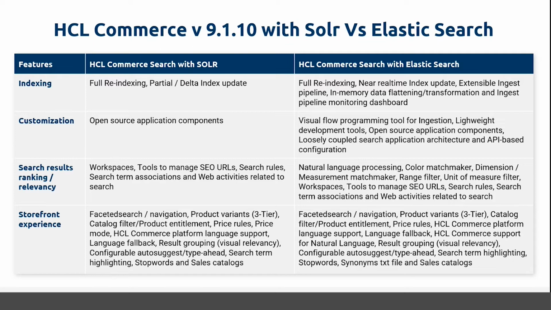With HCL Commerce with Elasticsearch, we get faceted navigation, product variants, catalog filter, product entitlement, price rules, HCL Commerce Platform language support, language fallback, natural language, result grouping, configurable auto suggest or type ahead, search term highlighting, stop words, synonym text files, and sales catalogs.